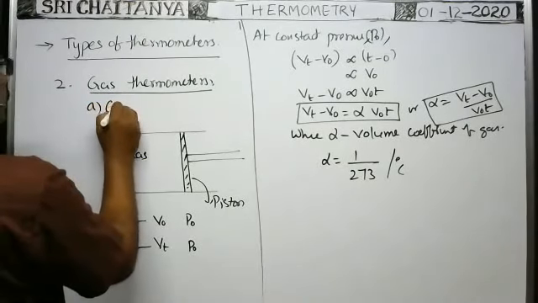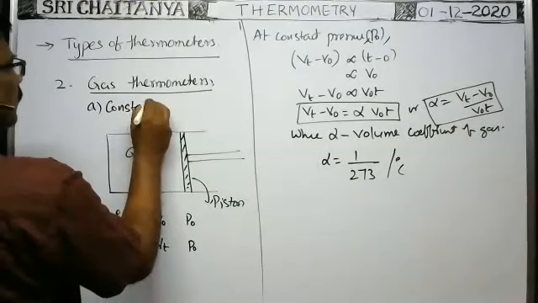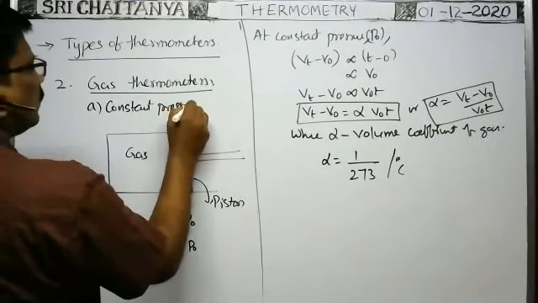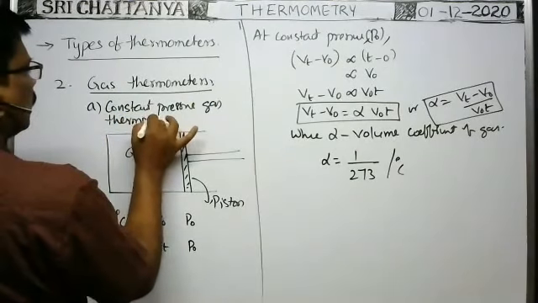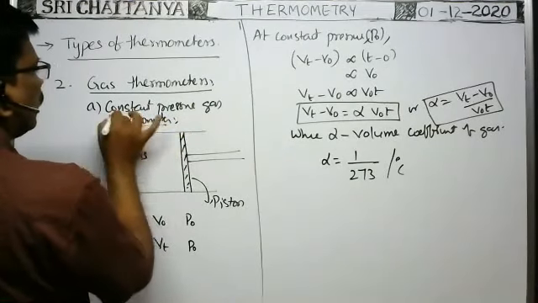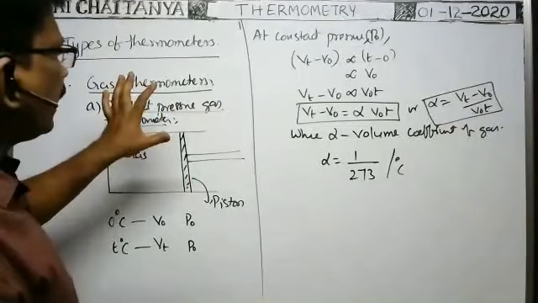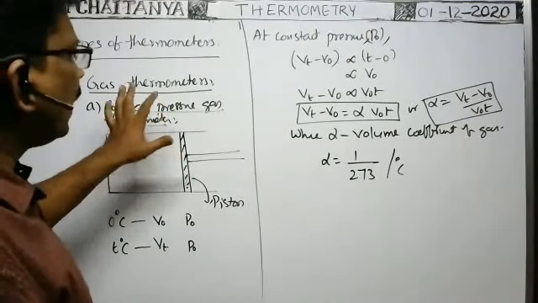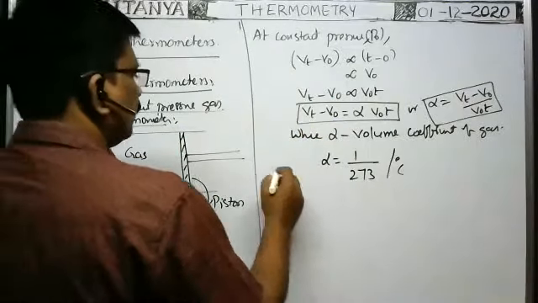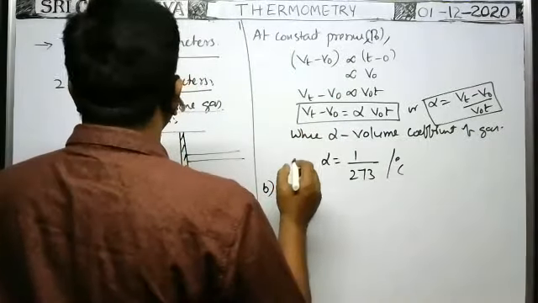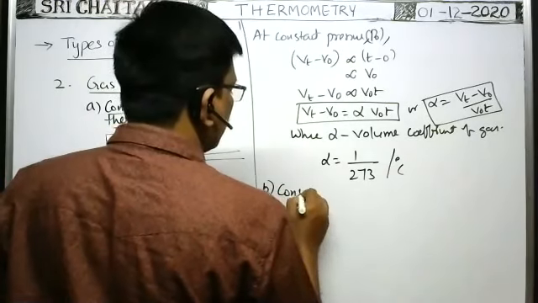First one, constant pressure gas thermometer. So here, in order to measure the temperature, this is the formula to be used.